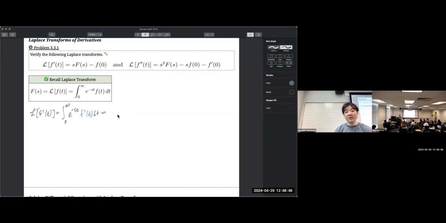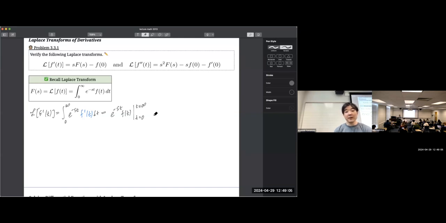We can do integration by parts on this, so I'll integrate the f prime, and then I'll have negative st f of t, evaluated from t goes to 0 to infinity.